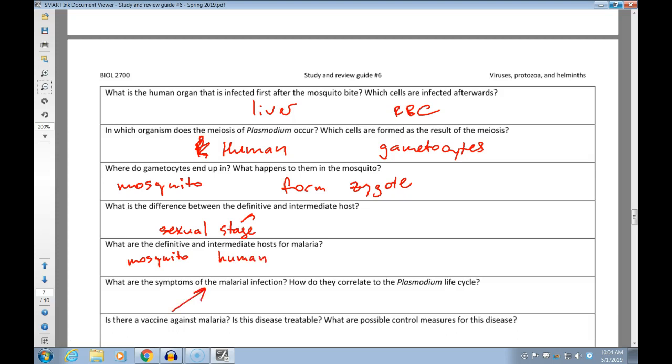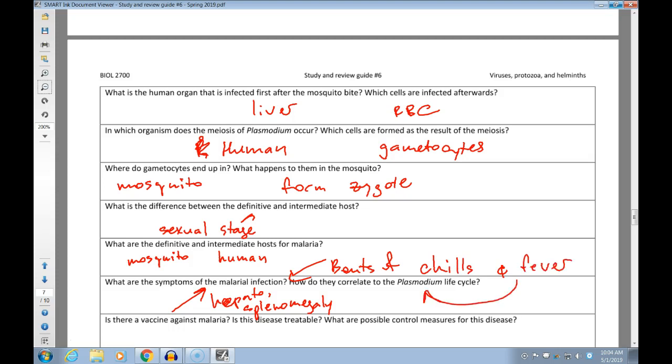Symptoms. You don't need to know much. So, hepatosplenomegaly and bouts of chills and fever. Different species have different lengths of replication in the red blood cells.